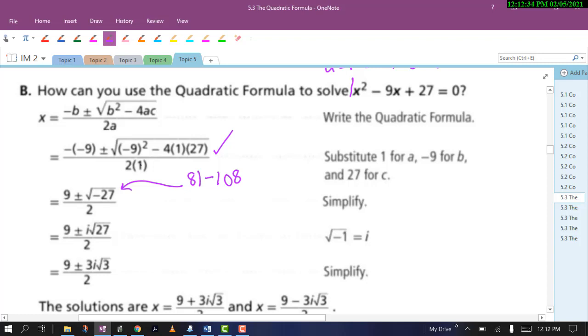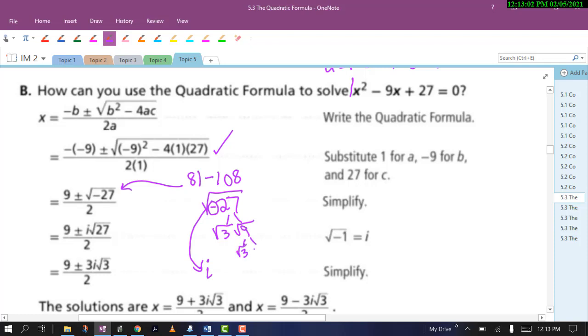So from here, we need to simplify the square root of negative 27. Well, first off, that negative is going to come out. And again, maybe draw an arrow where it's supposed to go. So we take out the negative, we get our imaginary number, i. And we do our factor tree for 27.